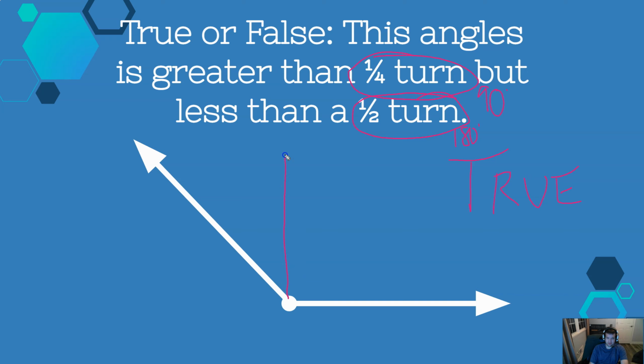So here's 1/4 of a turn, because if you notice, it is 1/4 of a circle, right? It's bigger than 1/4, but it's less than a half, right? You can see that it's not entirely half the circle.